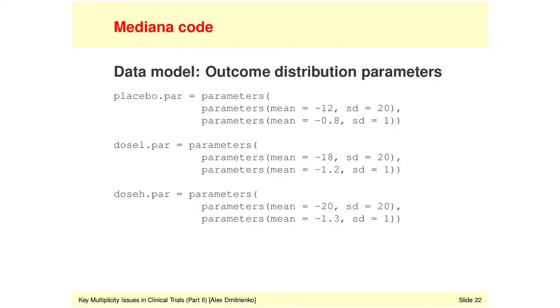Using this information, we can start writing code that will be used to define the data model for this clinical trial example. This slide 22 defines the parameters of the marginal distributions of the primary and secondary endpoints. The information presented here matches the information that we saw a minute ago on slide 21.